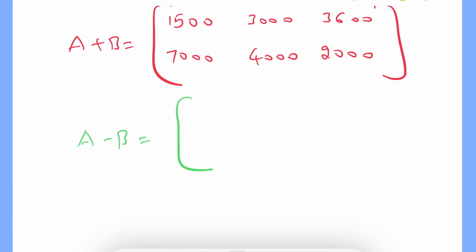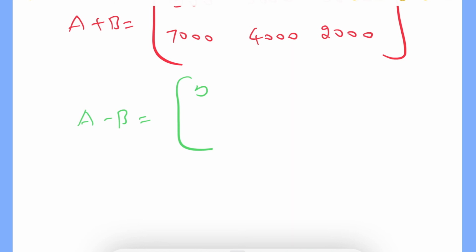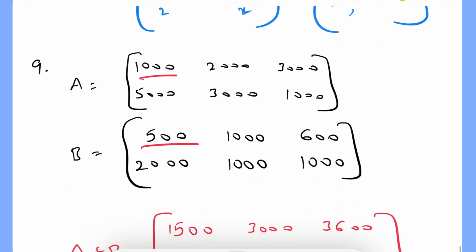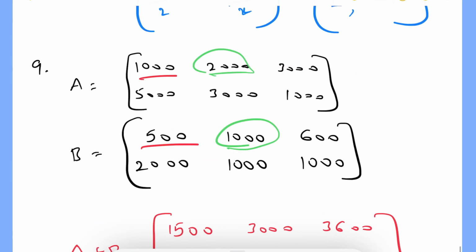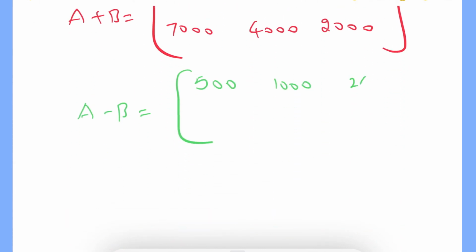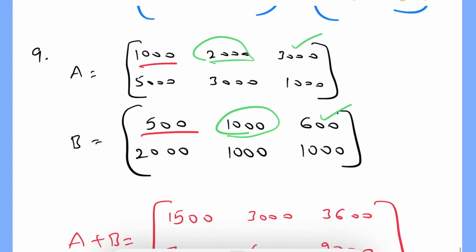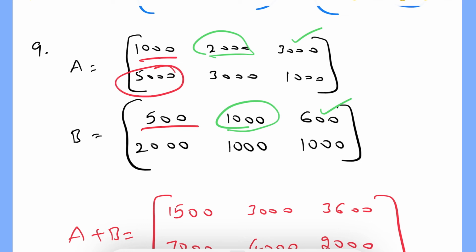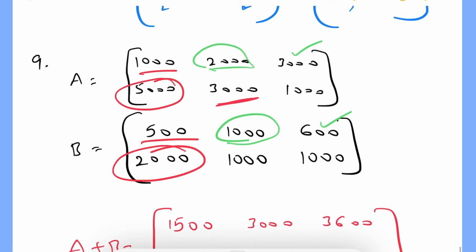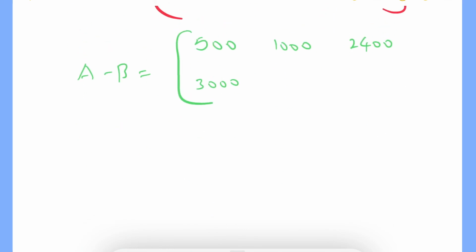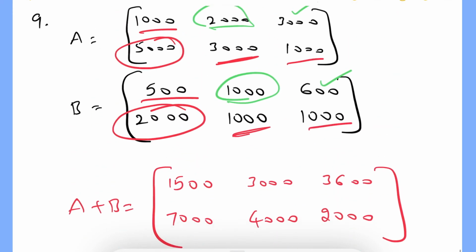1000 minus 500, 500. 2000 minus 1000, 1000. 3000 minus 600, 2400. 5000 minus 2000, it is 3000. 3000 minus 1000, 2000. 1000 minus 1000, 0.